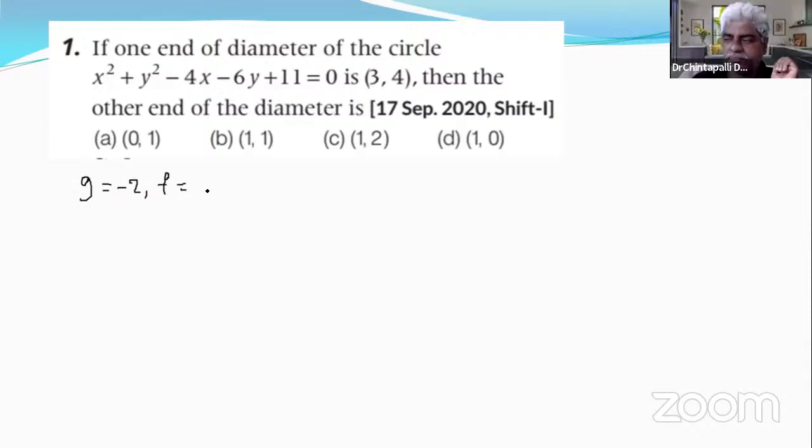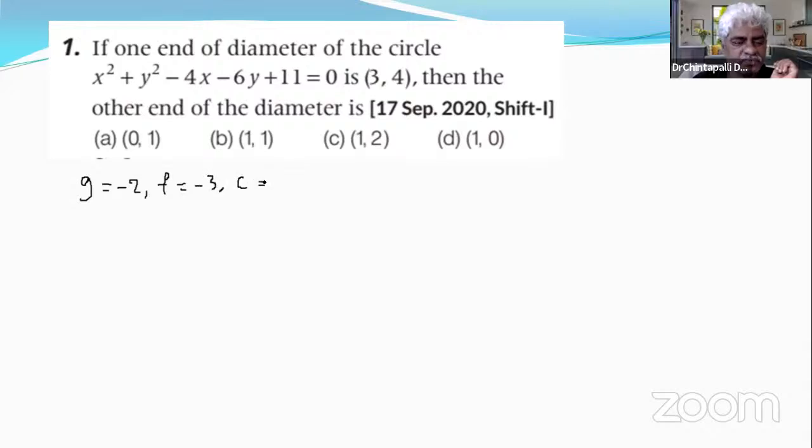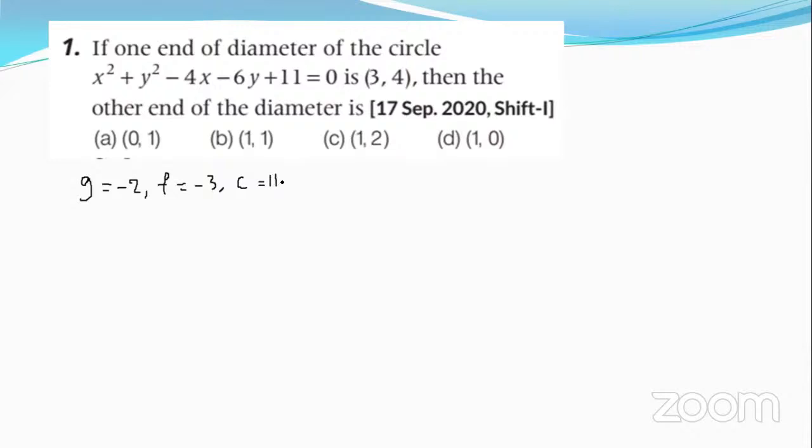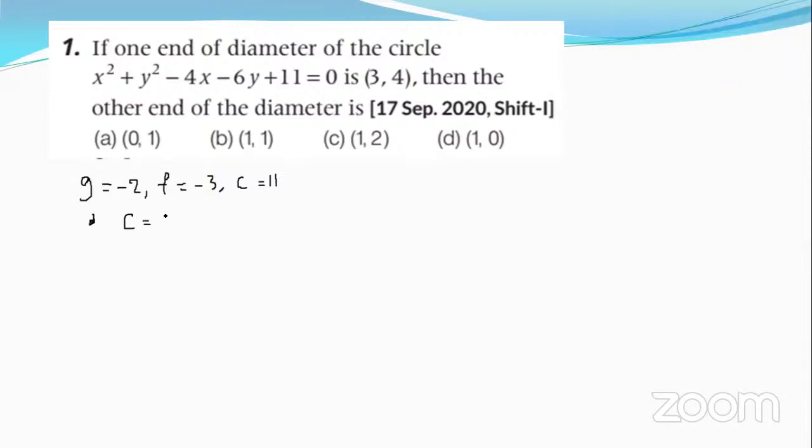F is equal to -3. Small c is equal to 11. Let us write the center. What is the center? The center formula is -g, -f. 2,3, right?